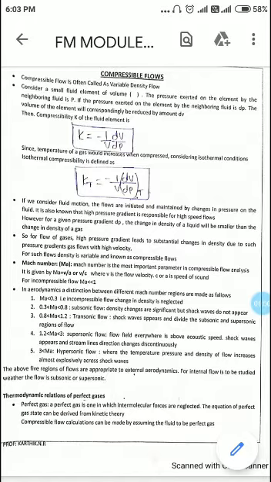For example, if we consider a fluid motion, flows are initiated and maintained by changes in pressure on the fluid. It is also known that a high pressure gradient is responsible for high speed flow. However, for a given pressure gradient, the change in density of a liquid will be smaller than the change in density of a gas.